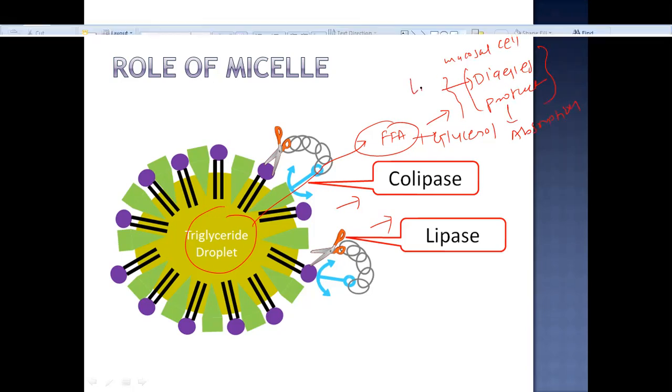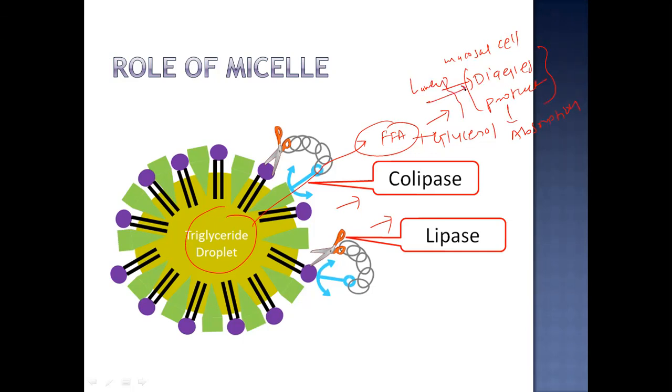Okay, so this from the lumen comes to the mucosal cells. The micelle will release all the digested lipid products, and the bile salts will once again come back into the circulation for another micelle formation.